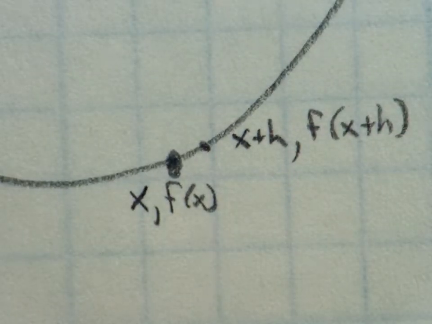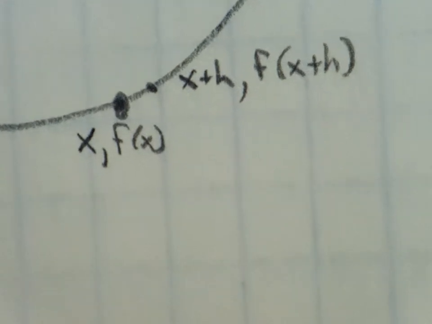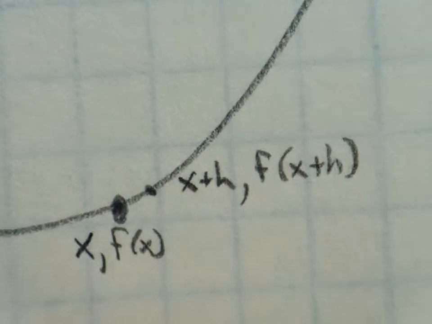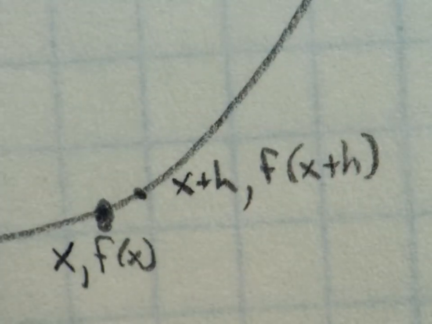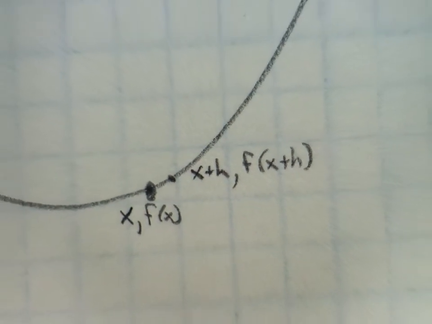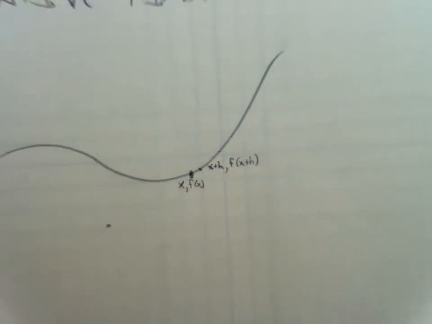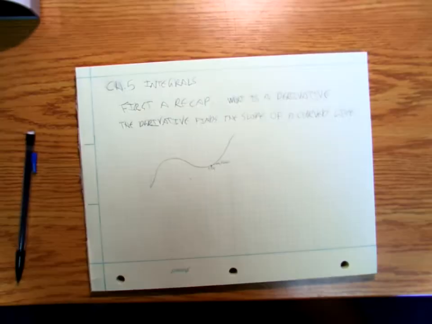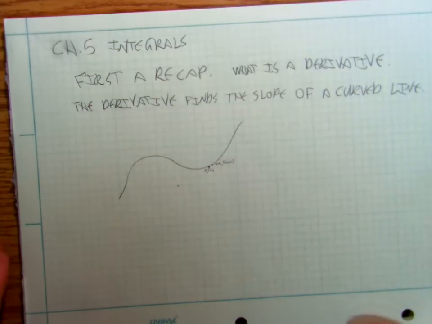So I've got two points really close to each other, and because the points are really close to each other, there's approximately a straight line between them. And so then what I do is I zoom out. Too far.